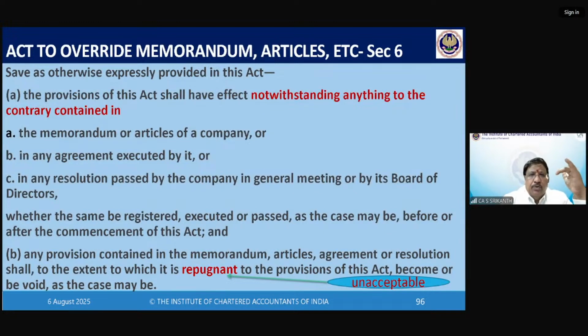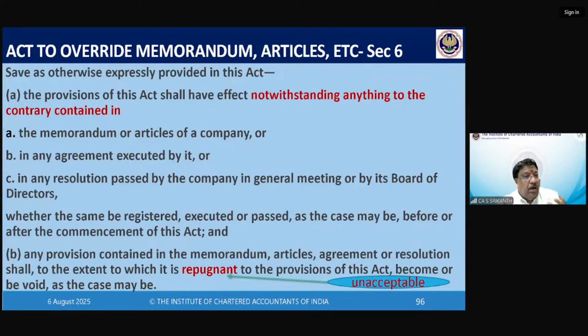See, there's a hierarchy. We've already seen that between the memorandum and articles, the memorandum is superior. If there is a provision in the articles which is not in accordance with the memorandum, the memorandum will prevail. Let us say the articles of association permit the directors to borrow money. Agreed. But such borrowing will be subject to the scope of the memorandum, defined in the object clause.